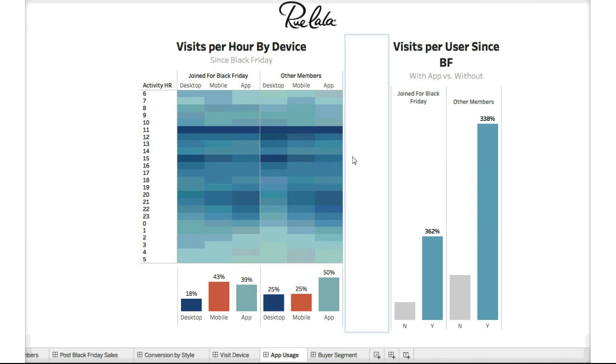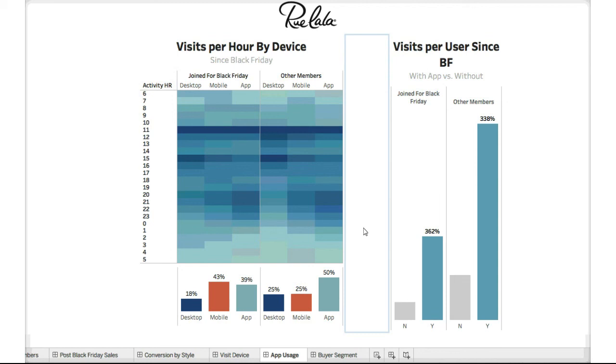Then you start to see something a little bit different when we look at the app visits compared to desktop and mobile and what happens after 8 o'clock. So the workday is done, the TV is on, and the 2-screen, 3-screen time that we have in our living rooms or in our bedrooms starts to reveal itself here, where we see much more activity in what I call after hours, the 8 o'clock plus, for folks with the app.